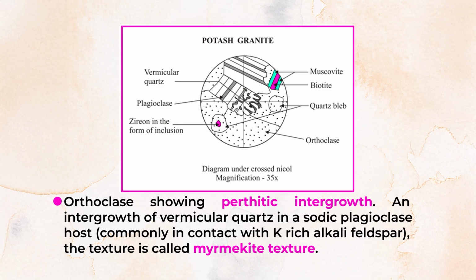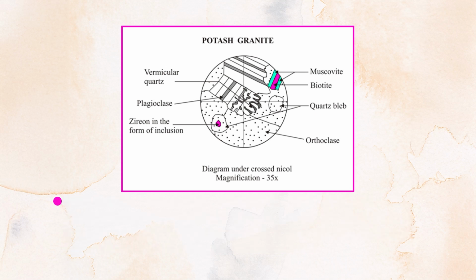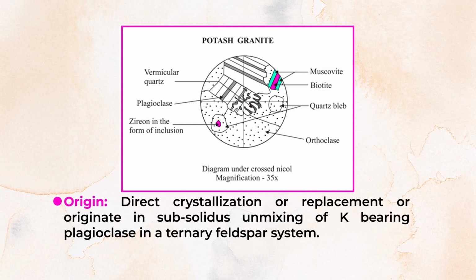The texture is called myrmekitic texture. What is the origin of this myrmekitic texture? It originates by direct crystallization or replacement, or originates in subsolidus unmixing of K-bearing plagioclase in a ternary feldspar system.